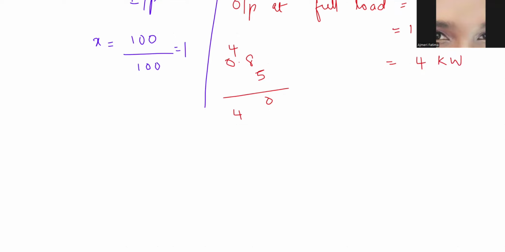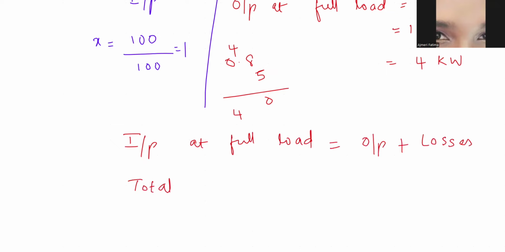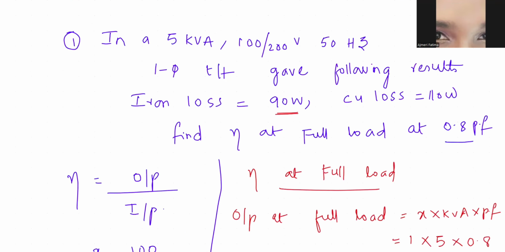Next, input at full load is equal to output plus losses. Total losses is equal to iron loss plus X square into copper loss. Iron loss is given as 90 watts and copper loss as 110 watts.